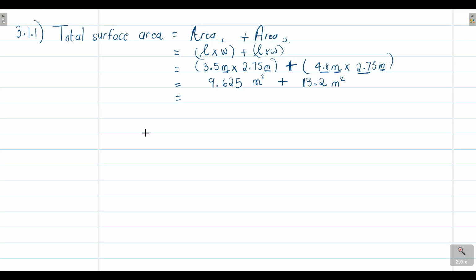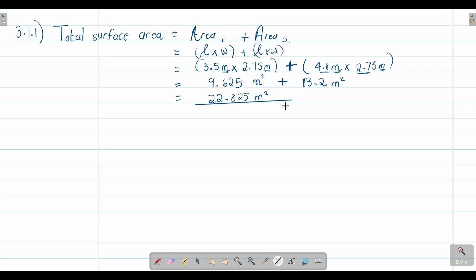Units squared. So if you take 9.625 plus 13.2 meters squared, you will get 22.825 meters squared.